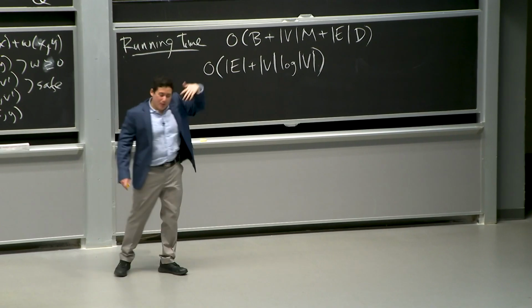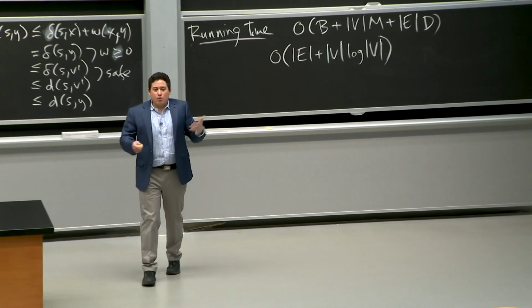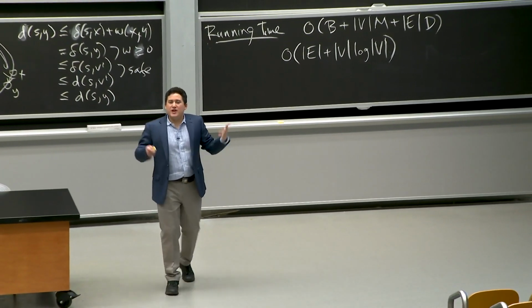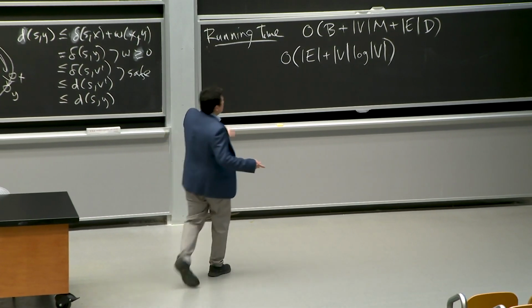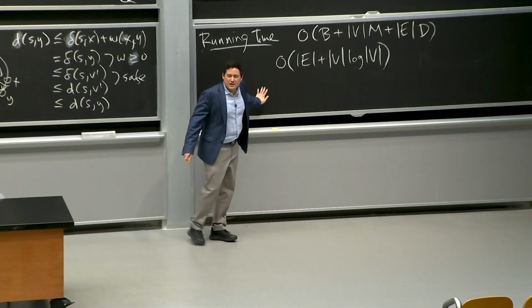And so in practice, most people, when they're implementing a graph search algorithm, know if their graph is sparse or dense, and so they never bother implementing a Fibonacci heap, which is a little complicated, okay?